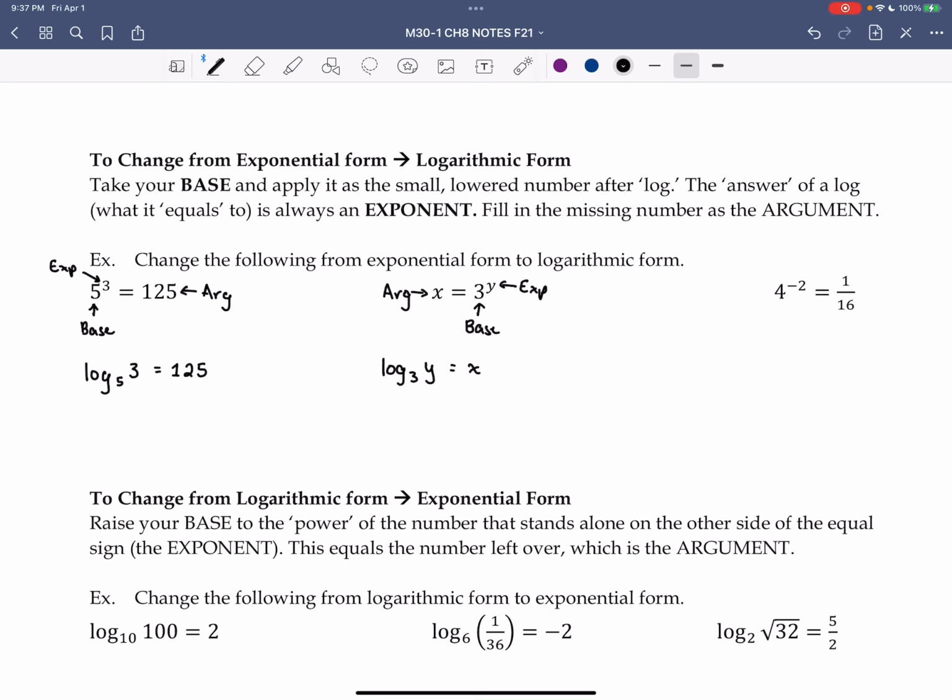Next one, 4 to the power of negative 2 equals 1 over 16. Our base is 4. The exponent is negative 2. And the argument is 1 over 16. In log form, this becomes log base 4 of the argument 1 over 16 equals the exponent negative 2.